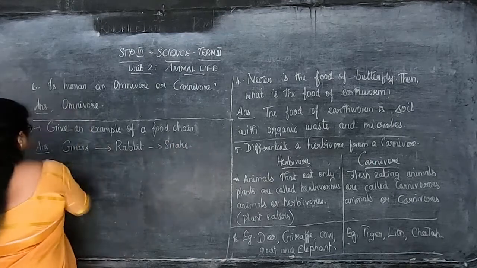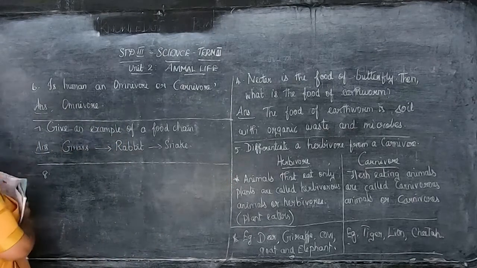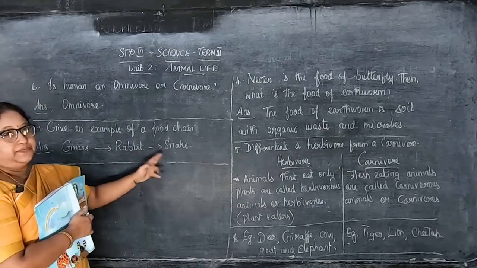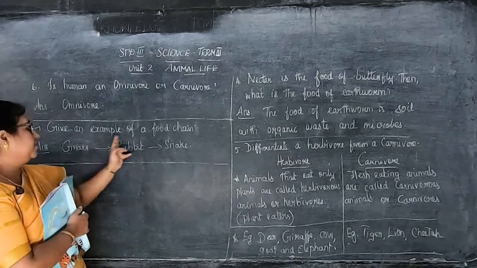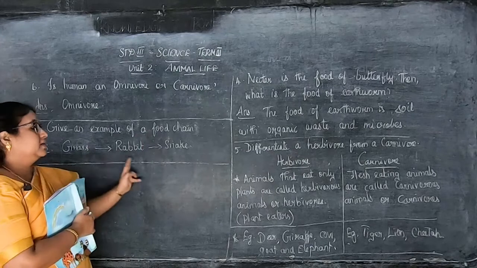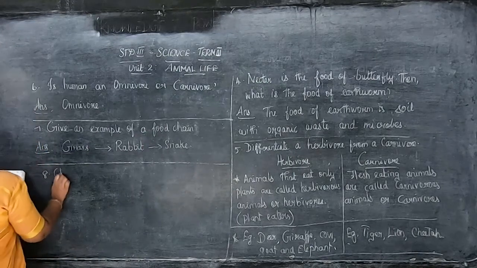Okay, children. So, give an example of a food chain. Grass, rabbit, snake. What will you write? Grass, rabbit and snake.